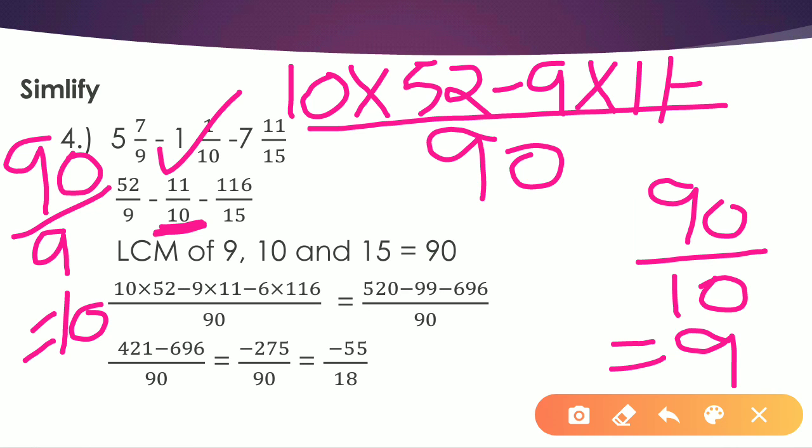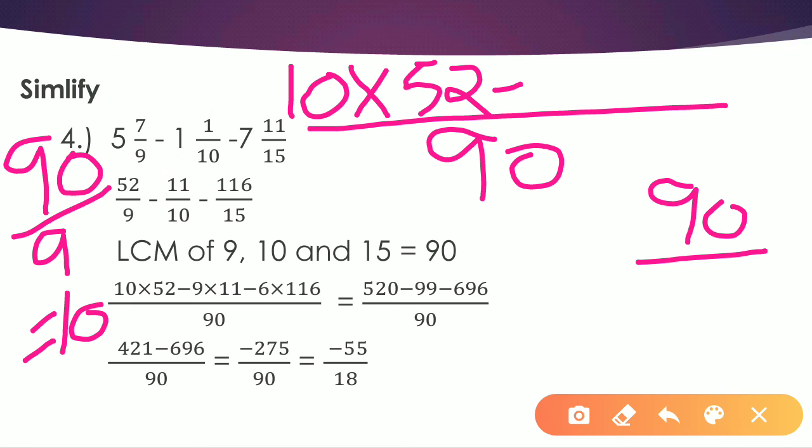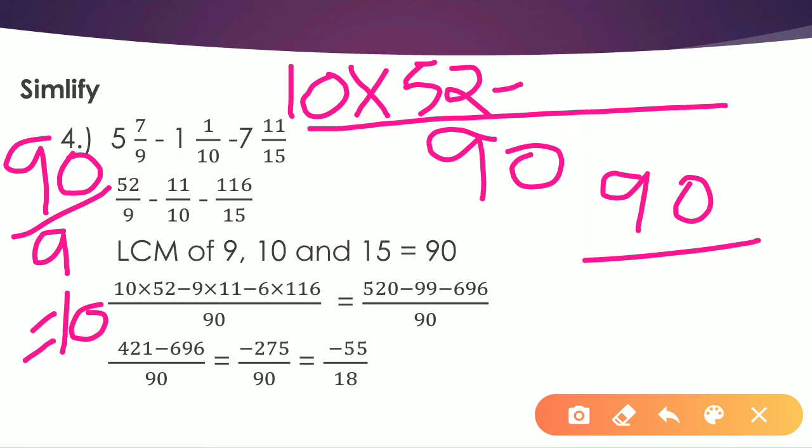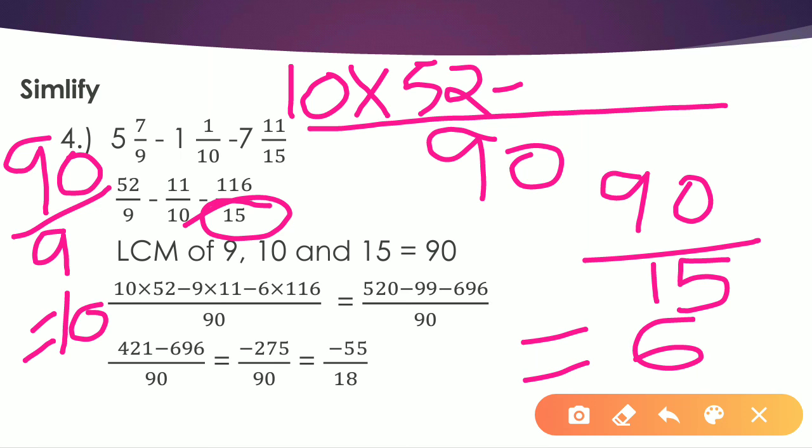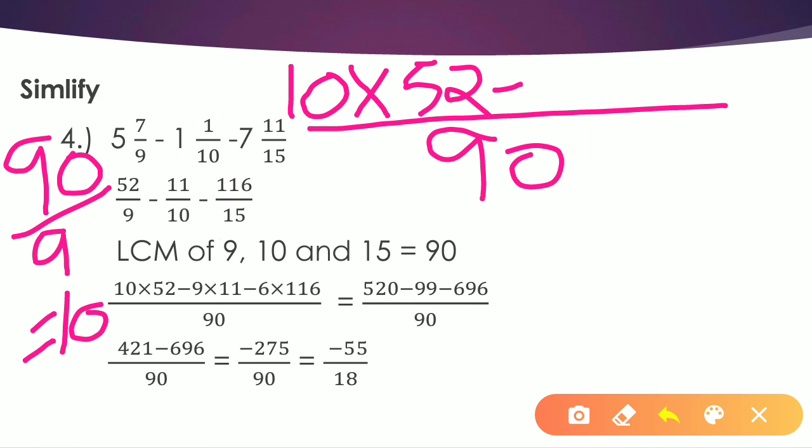After that again minus. Then write the LCM 90 upon the denominator of the third rational number, which is 15. This will give you 6. Now multiply this 6 with the numerator. So 6 into 116.